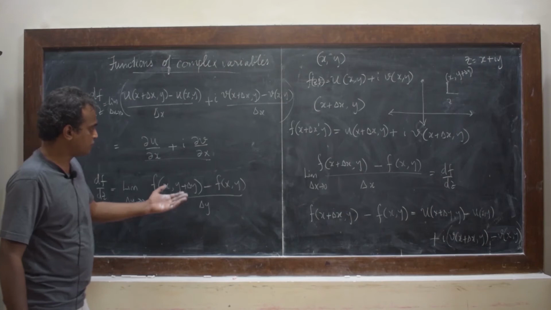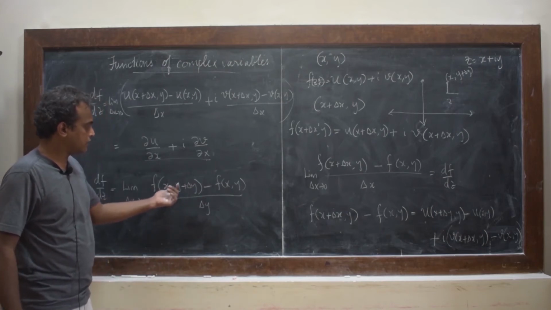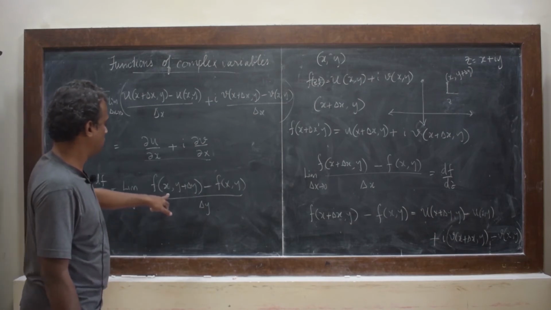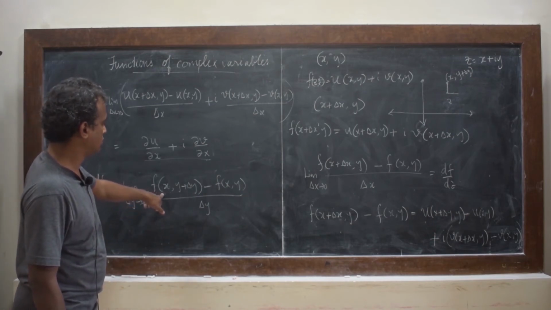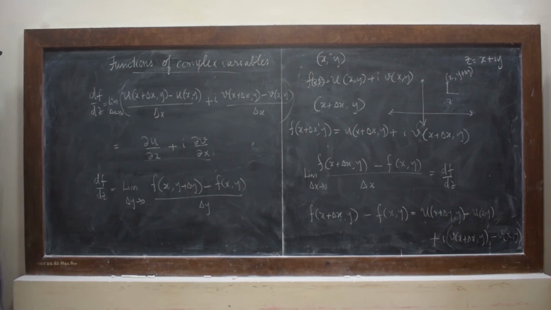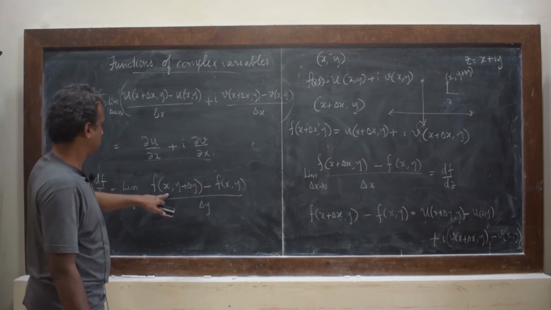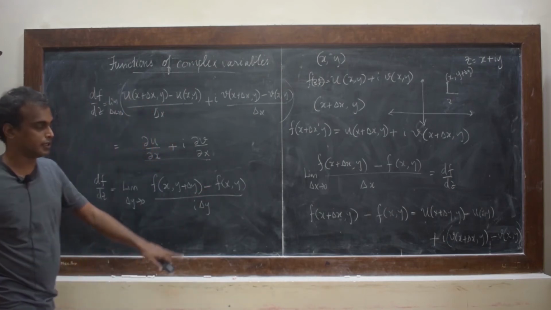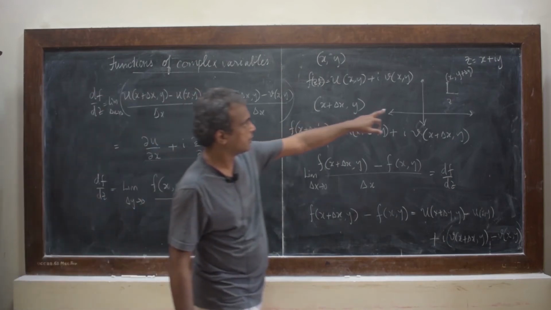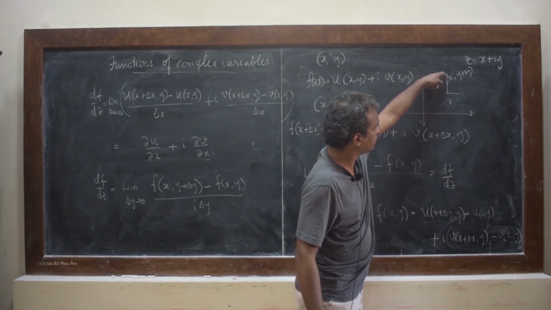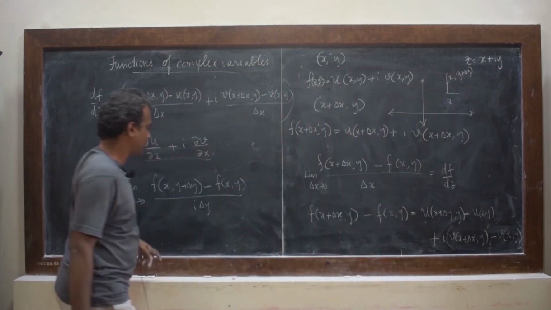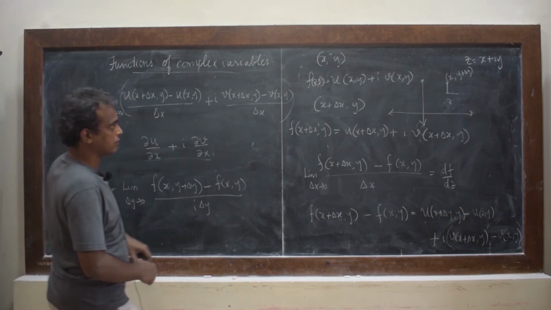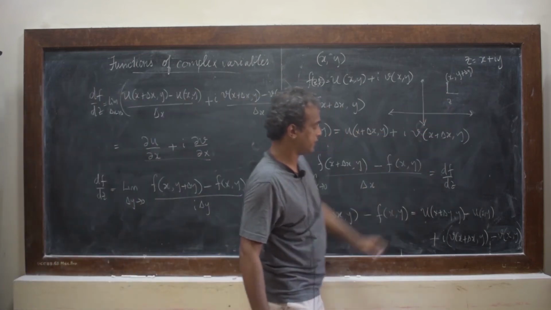We could again express f at x comma y plus delta y, with the increment of I times delta y, because while taking the limit, it is only the imaginary part of z that varies.